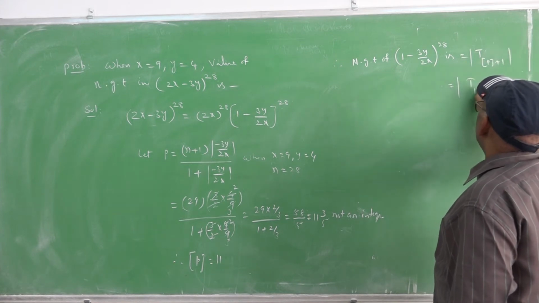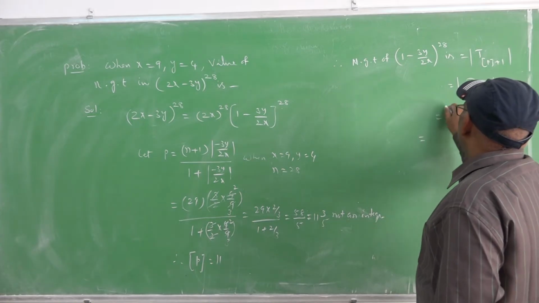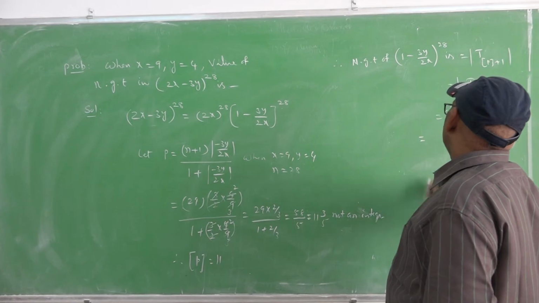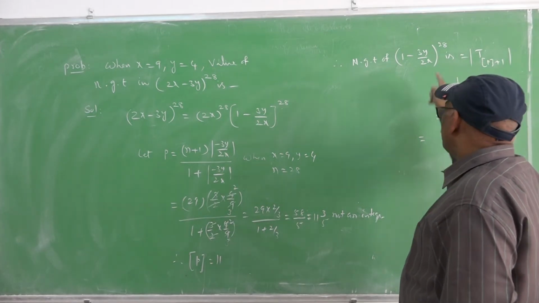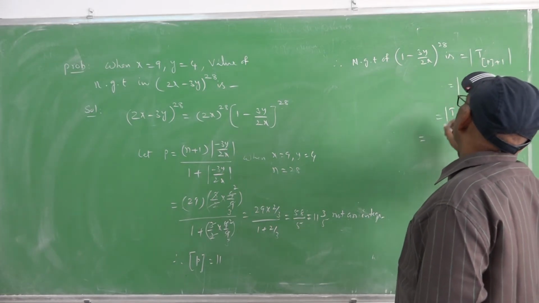Modulus of 11 plus 1, T12 with modulus. That gives us the numerically greatest term of this expansion is modulus of T12.